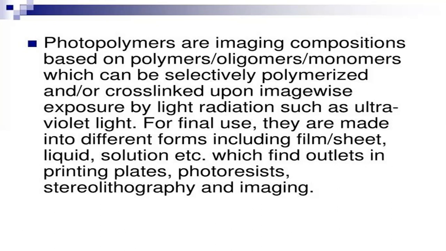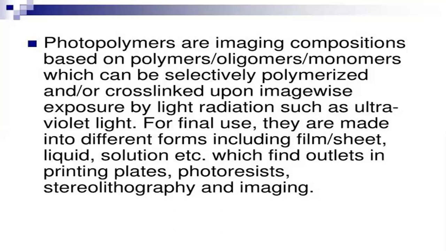So these photopolymers are imaging compositions based on polymers, oligomers, and monomers, which can be selectively polymerized. These photopolymers are used to develop the imaging technologies of manufacturing machines to produce different types of parts in additive manufacturing.